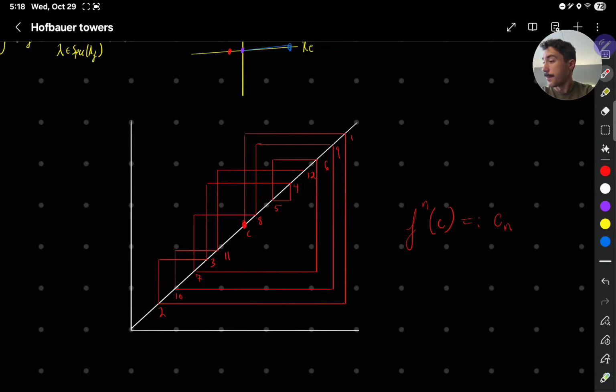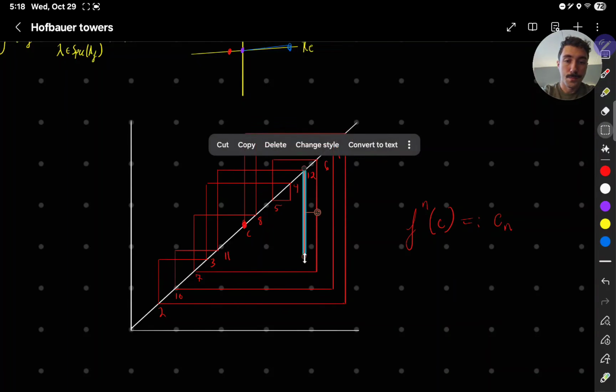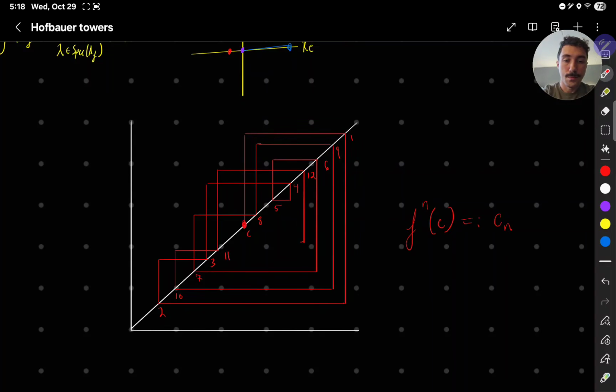And then 13, and I'll stop here, between 11 and C. Too far down. I'll write that above.